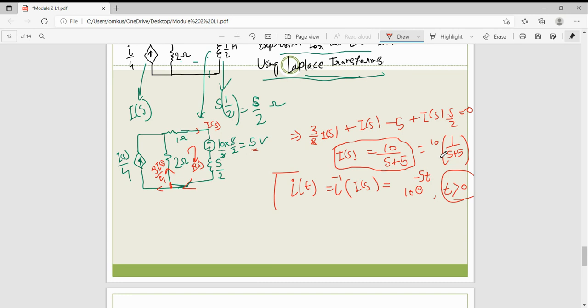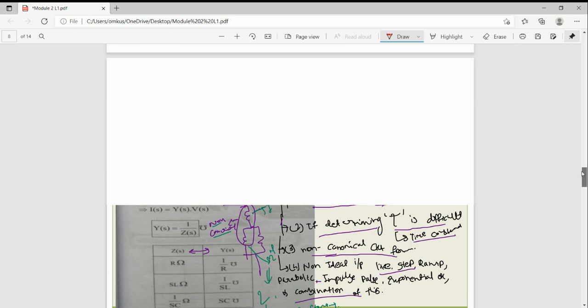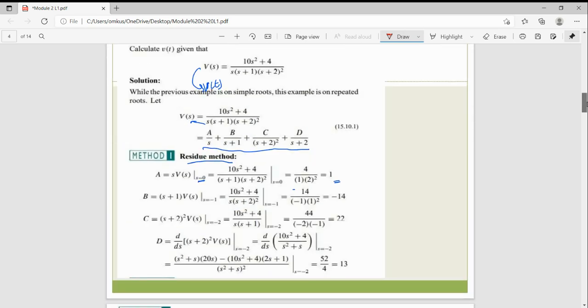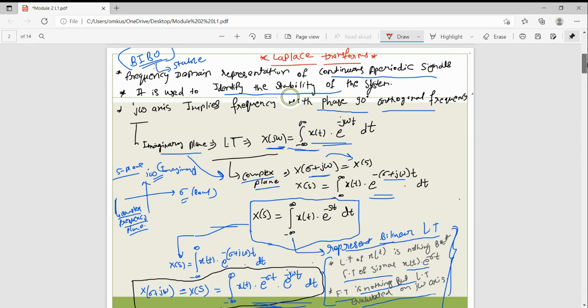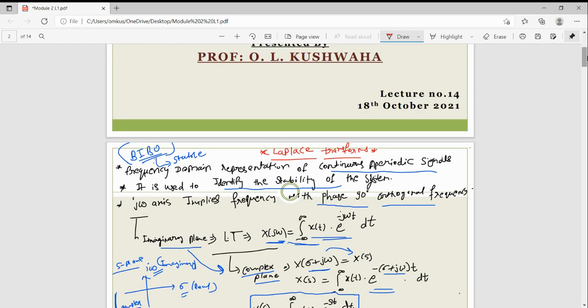So you will get this, and this 10 as your constant. I hope you are clear on this point and on how to use that table. Here we directly use that table, but in your signals and systems course you are going to derive that expression. Okay, so that's it for today.